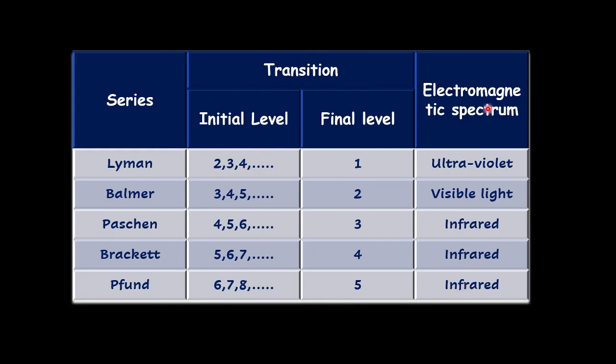So this is the general name for the series of photon emissions when electrons transfer from one state to another. It has a specific name, so you have to remember this for your exam.